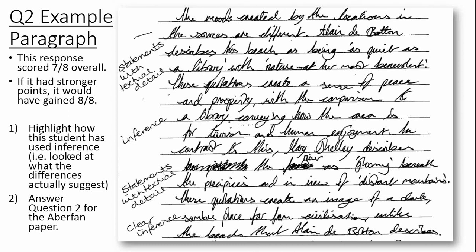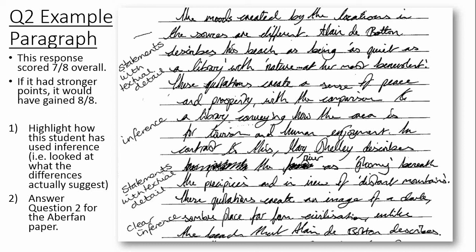That's good to note. Anyway, the answer continues. These quotations create a sense of peace and prosperity, with the comparison of a library conveying how the area is for tourism and human enjoyment. So see how it's inferring, it's going beyond just the facts, and it's talking about what those facts suggest.